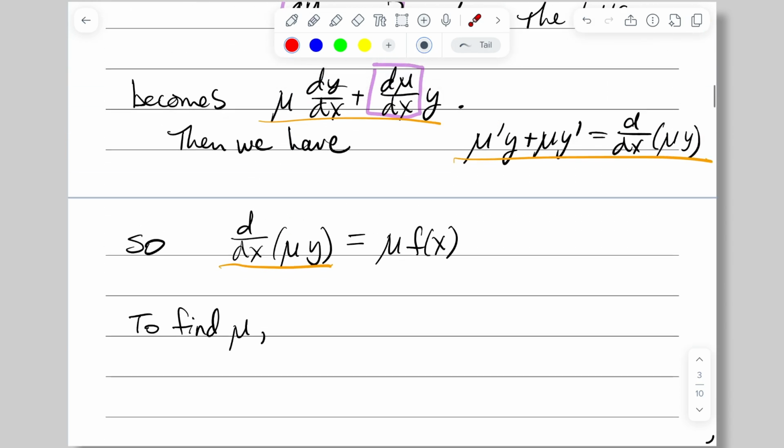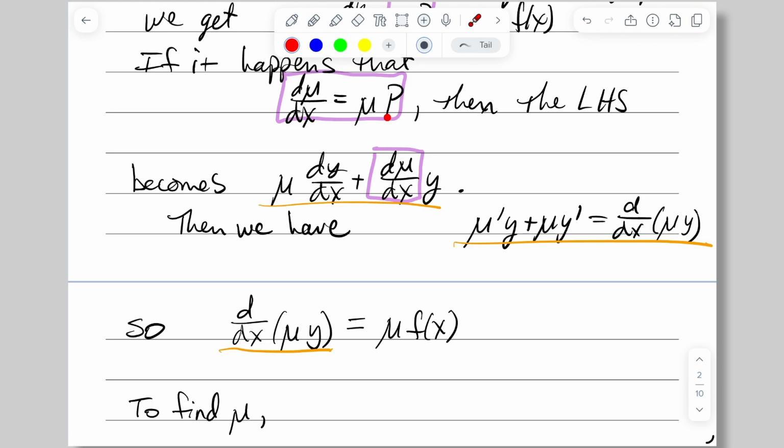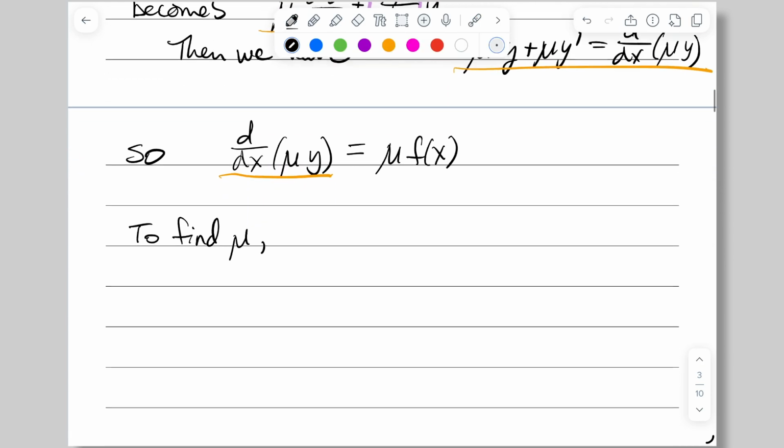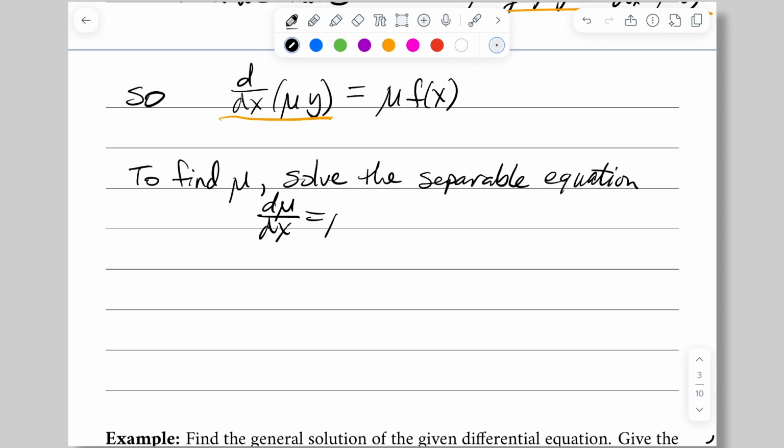Well, to find mu, we used the assumption that we made, d mu/dx is equal to mu times p, where p was present in the standard form of the equation. And that equation, d mu/dx is equal to mu times p, is a separable equation. So d mu over mu is equal to p of x dx.